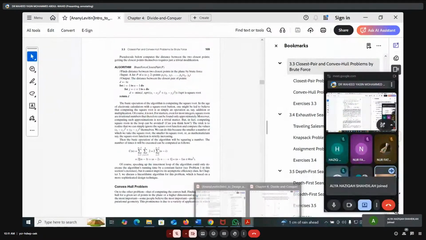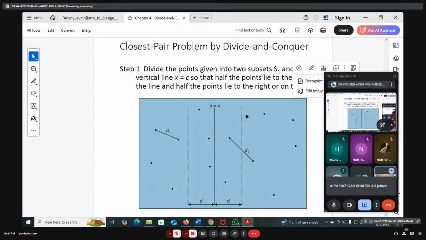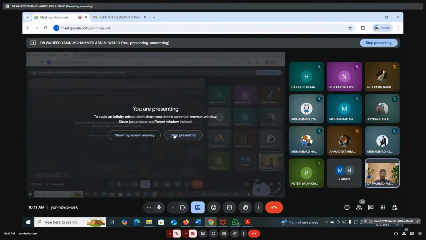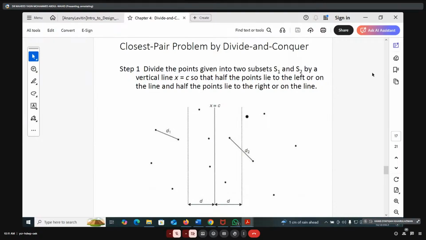Now here we go to how to solve it in divide and conquer. In divide and conquer, what we have to do, step 1: divide the points given into two subsets S1 and S2 by a vertical line x equals C. We call it the median.